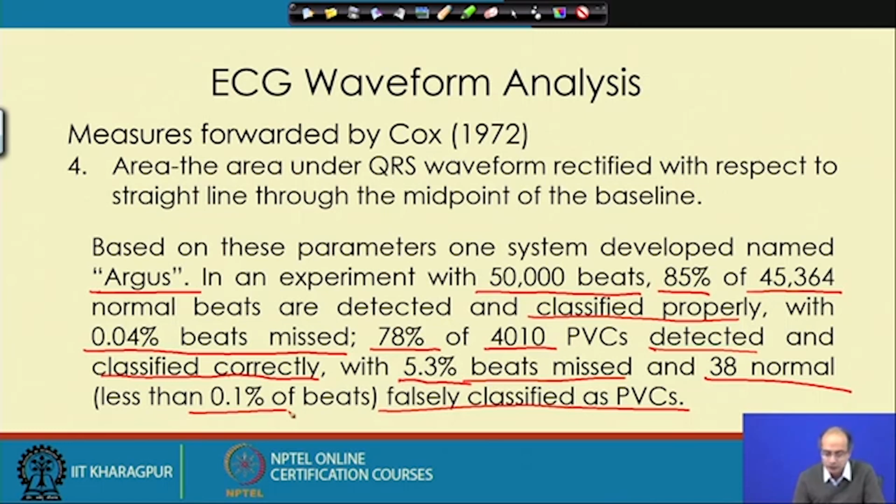So, that means 0.1% of the beats are falsely classified as PVCs. Both positive error and negative error are present. We could get a reasonable accuracy, but it is far from ideal in this case. So, that motivated more research.